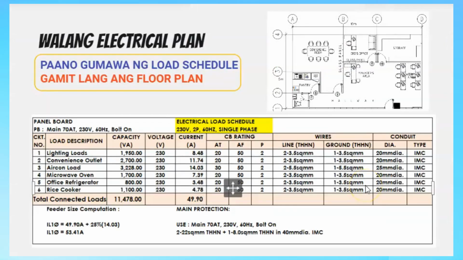We're done with the computations and the load schedule of our office unit. Again, it can be done without an electrical plan, provided you have a reference like the Philippine Electrical Code or international standards. It also works with the NEC. I hope you learned something from this discussion.